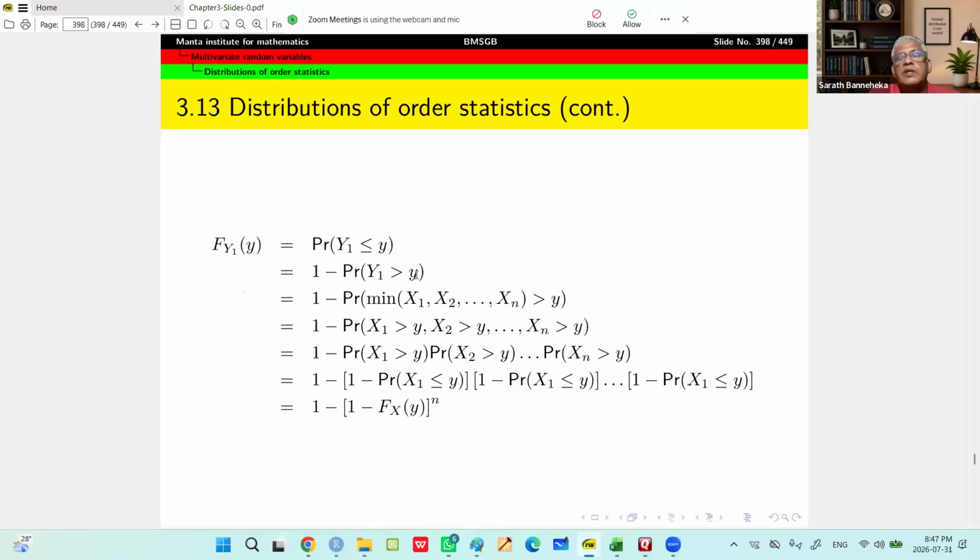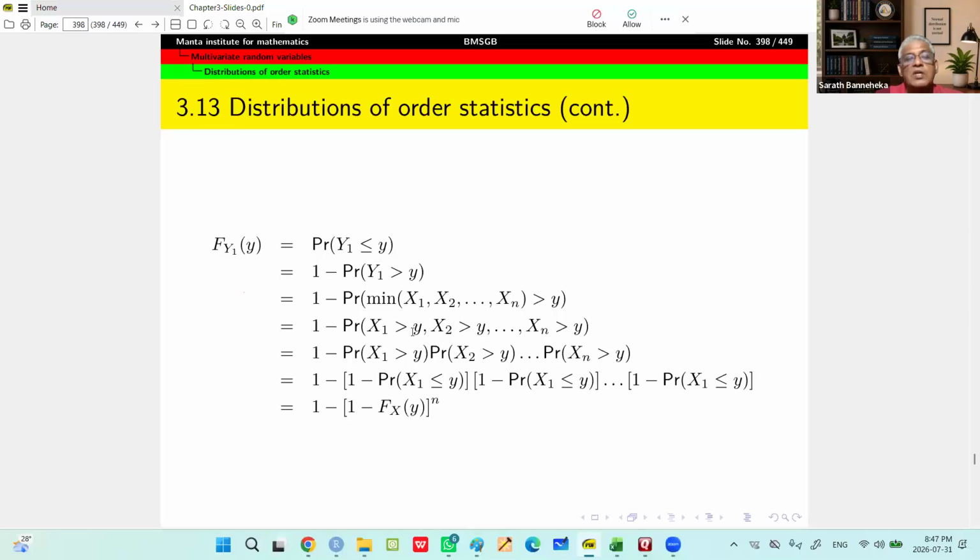The minimum of the sample is greater than y if and only if all of X1 up to Xn, all of the random variables, are greater than y. So I can write the event capital Y1 greater than y in terms of the X's: the minimum of X1 up to Xn greater than y. But that is equivalent to this event here.